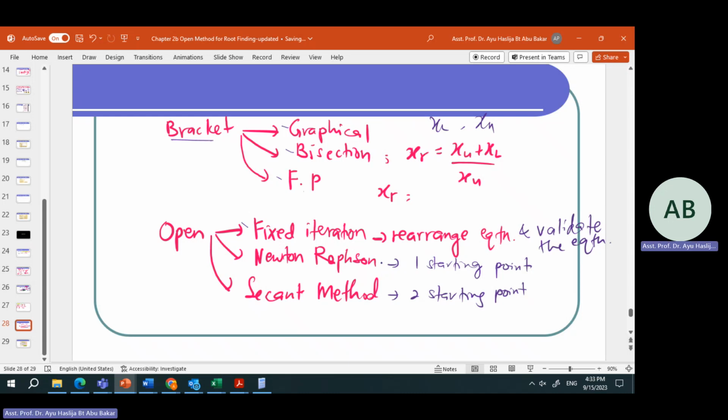Then Newton-Raphson, where the assumption is based on the slope, the slope that will direct to the new point. Newton-Raphson uses analytical differentiation, whereas the secant method modifies the differentiation part, where it uses delta y over delta x from the slope given.